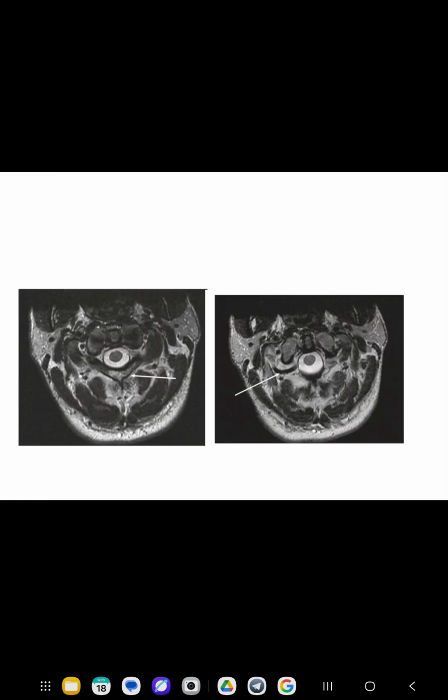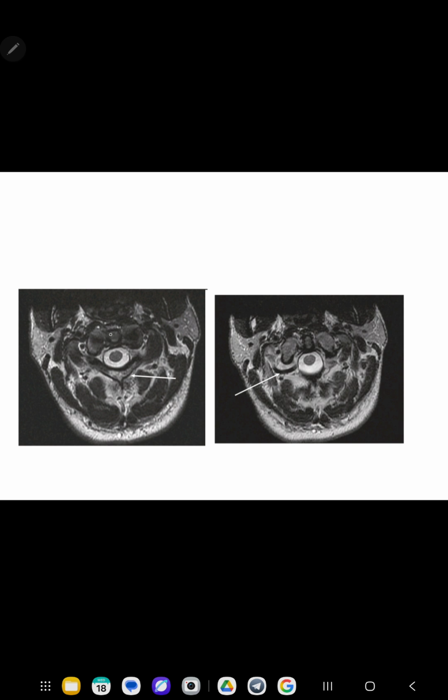Now this is another axial section image, showing the cervical vertebra level. It is showing the groove for the vertebral artery. This is actually the image of the atlas.